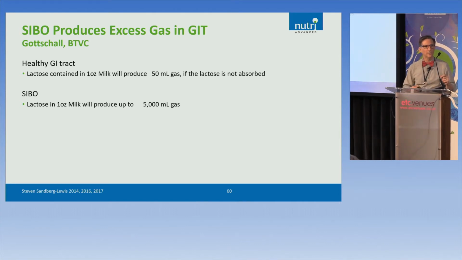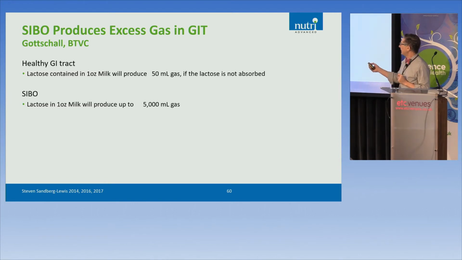So if they had lactose intolerance but they didn't have SIBO. If they have SIBO, the lactose in that 1 ounce shot glass, 1 ounce is how many mils? I went from ounces to mils, it's kind of a mixed bag there. But anyway, that could produce up to 5,000 milliliters of gas, 100 times more.